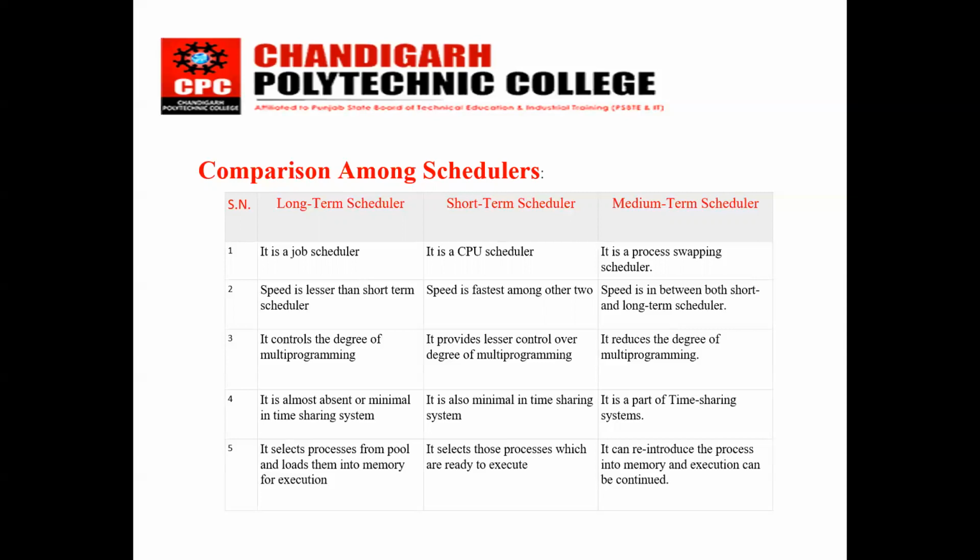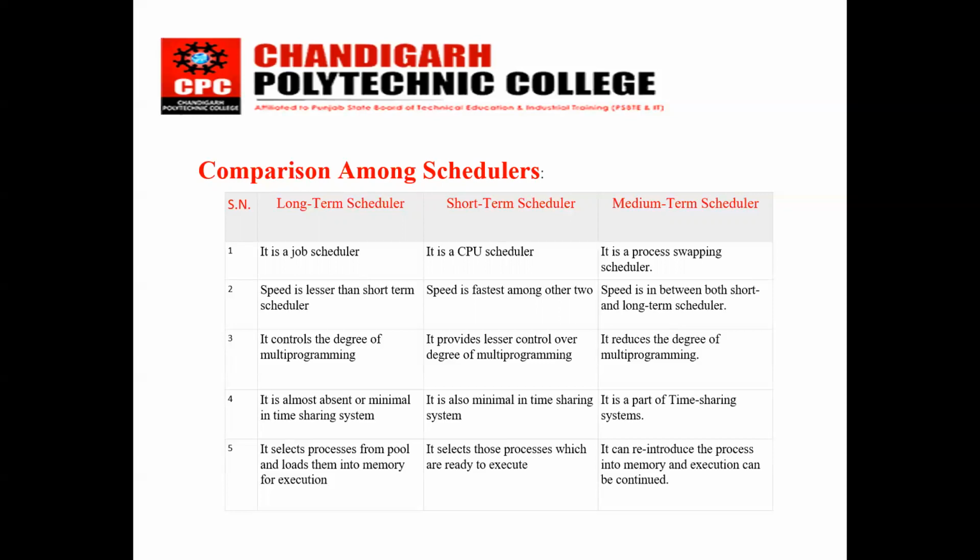And next, about the degree of multi-programming. The long-term scheduler controls the degree of multi-programming, the short-term scheduler provides less control over the degree of multi-programming, and the medium-term scheduler reduces the degree of multi-programming.